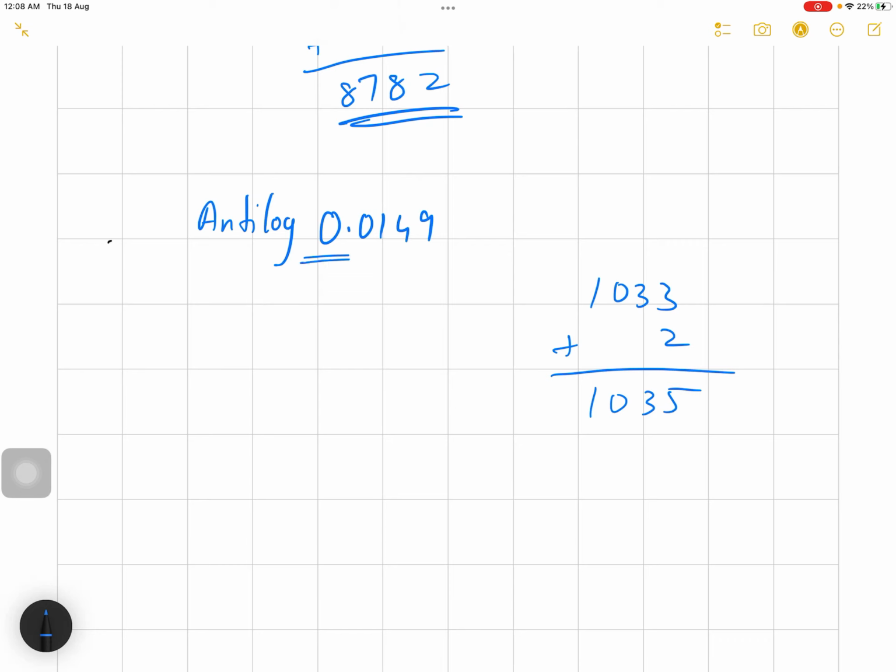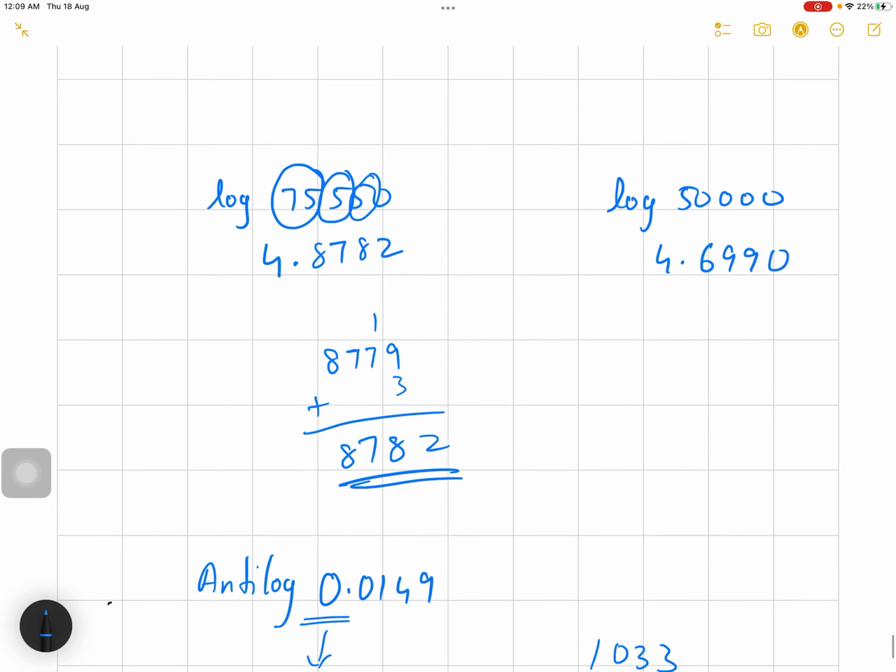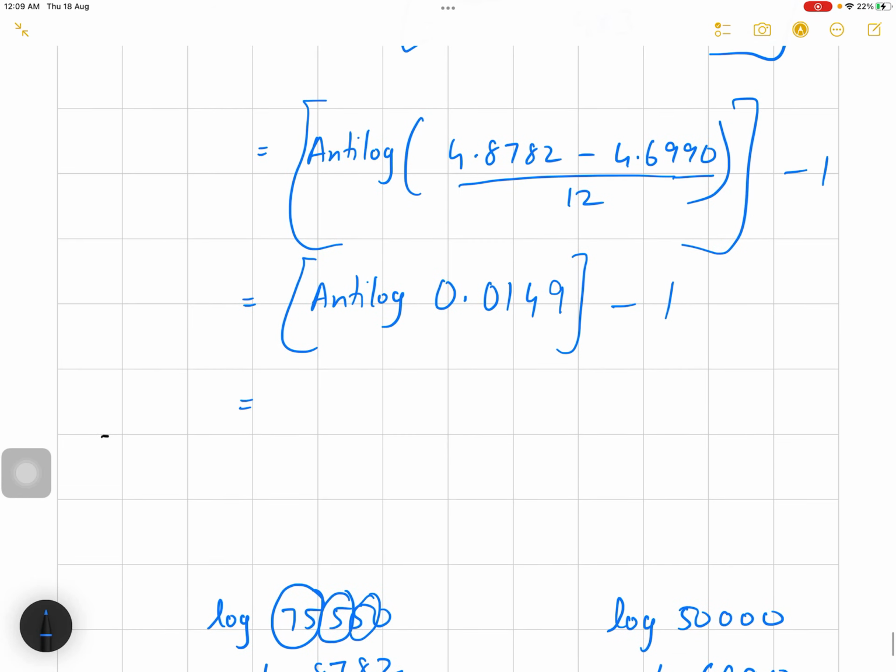Because before the decimal there are 0 digits, 0 plus 1 is 1, so after 1 digit you put a decimal point: 1.035. Minus 1, which is 0.035.